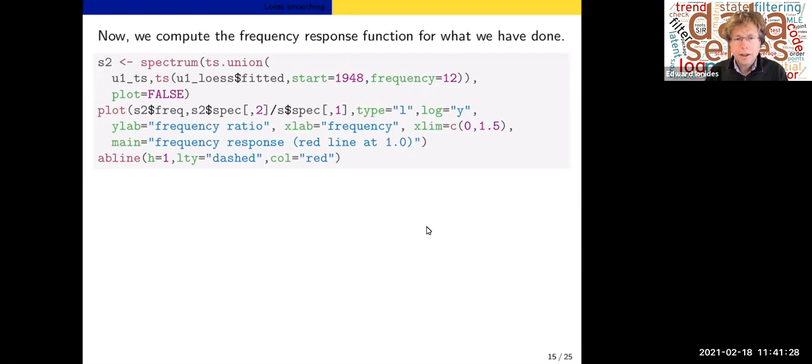So the code here is very much what we've seen before, except now we're comparing the raw data with the smooth data.